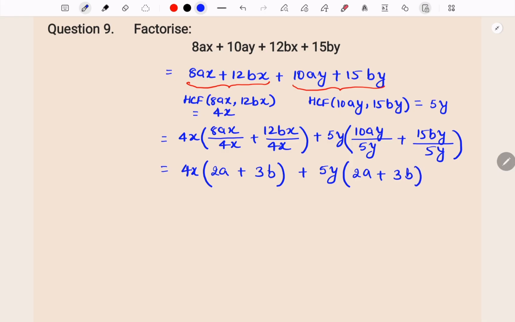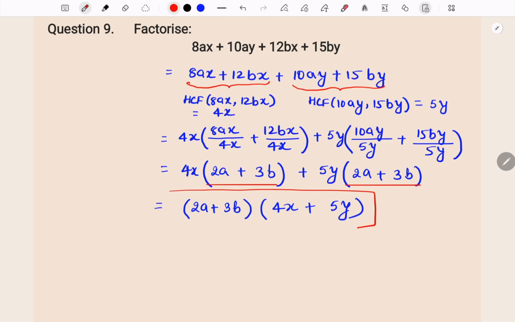Now look here, we have 2a plus 3b, and here also we have 2a plus 3b. So let's factor out 2a plus 3b. If I factor out 2a plus 3b, I will have 4x, and here I will have 5y. So this here is our final answer.